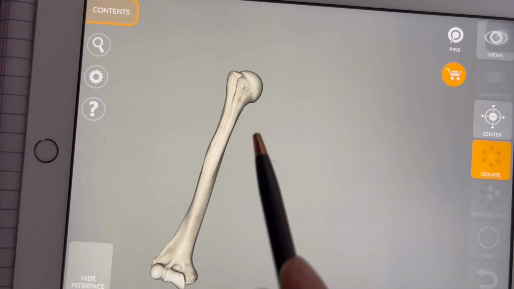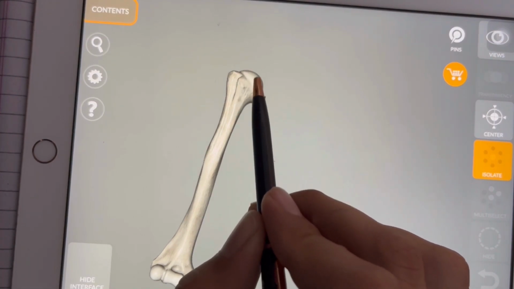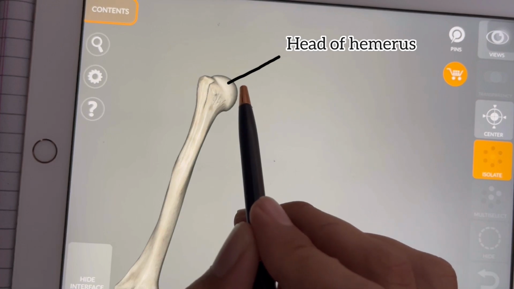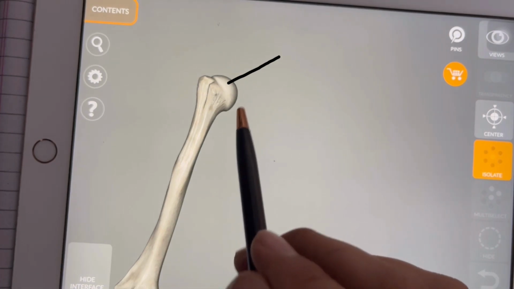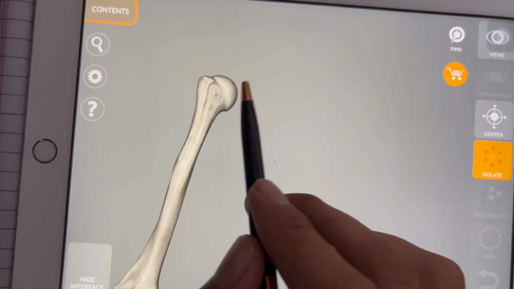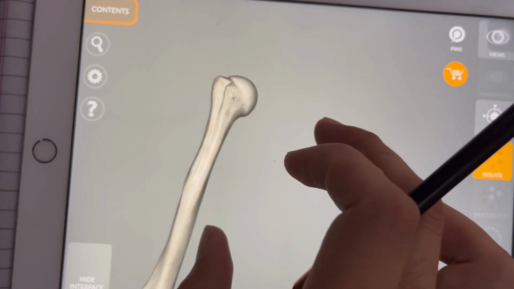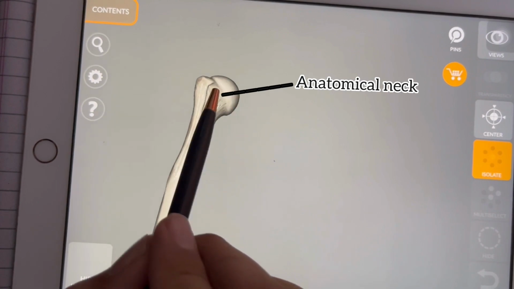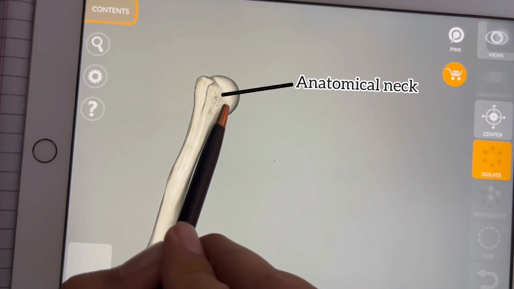As you can see, this round portion is the head of the humerus. This portion articulates with the glenoid cavity of the scapula. Now inferior to the head of the humerus, this constricted region is called the anatomical neck.